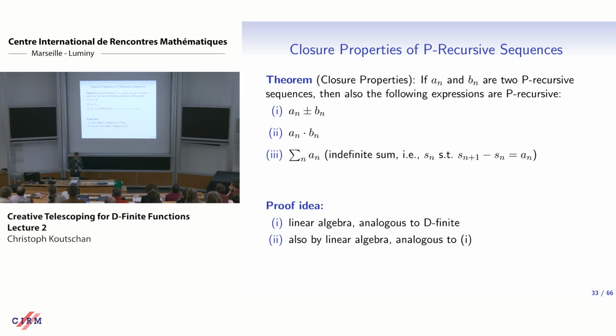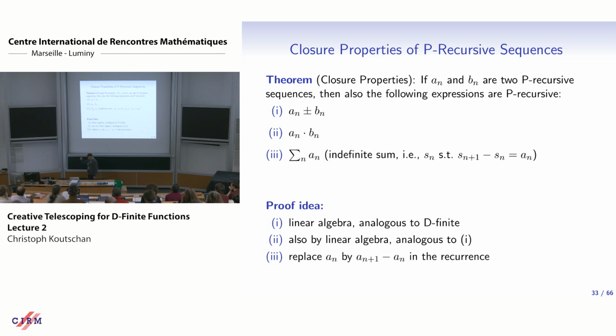So this is simple. Then for D-finite we had that the antiderivative is again D-finite, and here it's the antidifference or indefinite sum, as we have seen in Gosper's algorithm. So any sequence S_n that satisfies that its difference gives a_n is again p-recursive, and the proof is very simple.